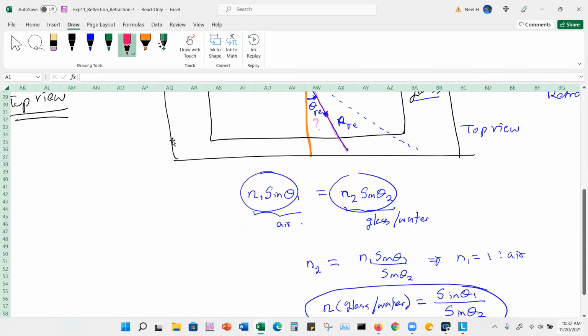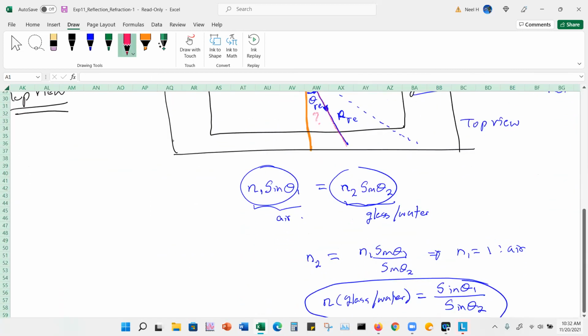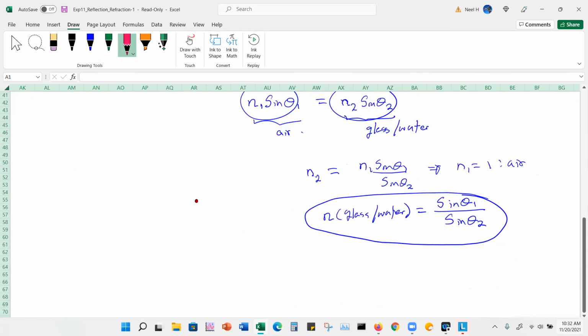By measuring them, we can take the sine of those angles and then calculate the refractive index of the glass or water. Those numbers are already tabulated, so we can compare our experimentally calculated numbers to the known values. That way we can confirm the law of refraction, or Snell's law. Okay, that's our experiment part B.